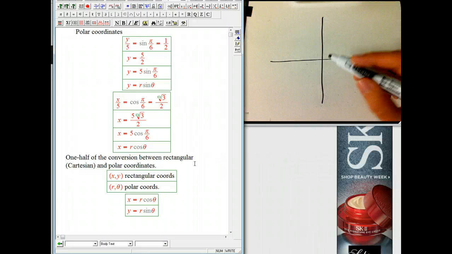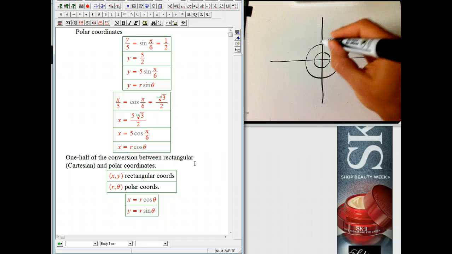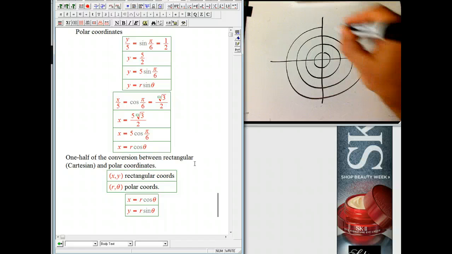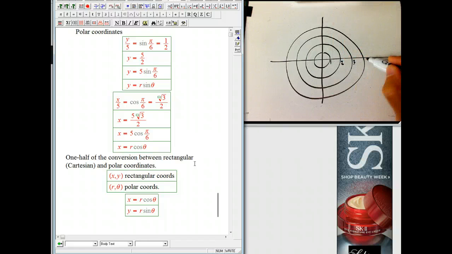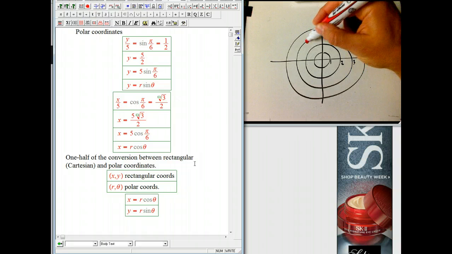So, for example, suppose I'm going to draw some concentric circles. 1, 2, 3, 4, just to get an idea of things. And let's suppose I have a point right here.